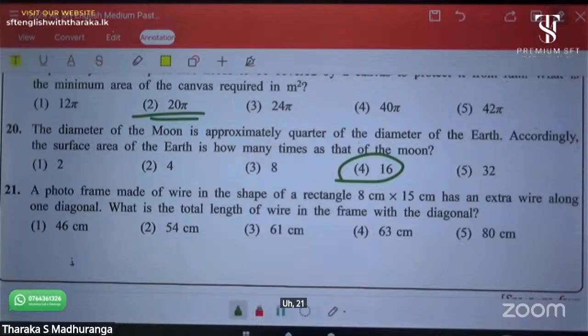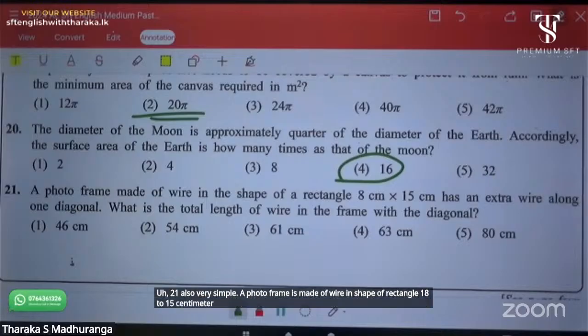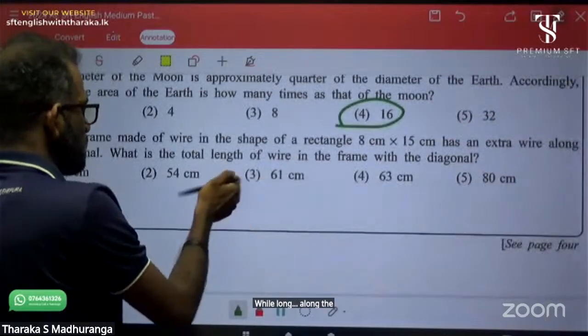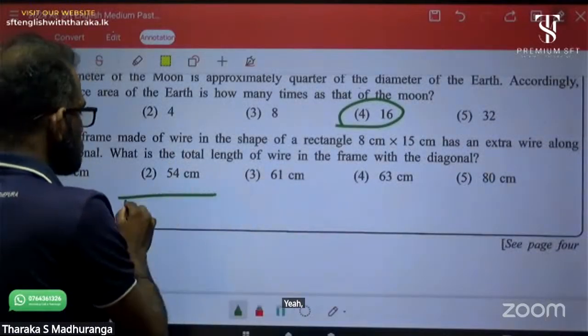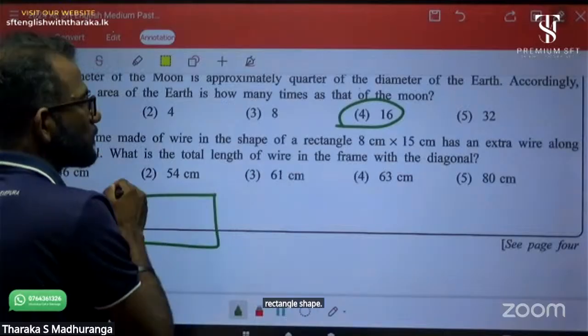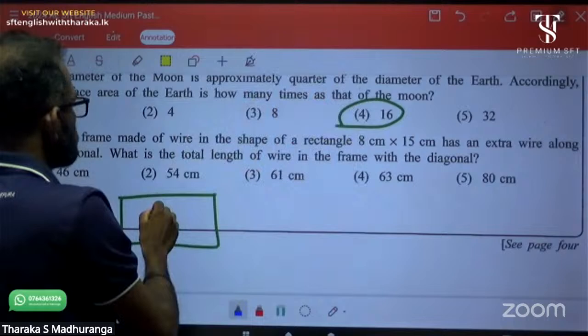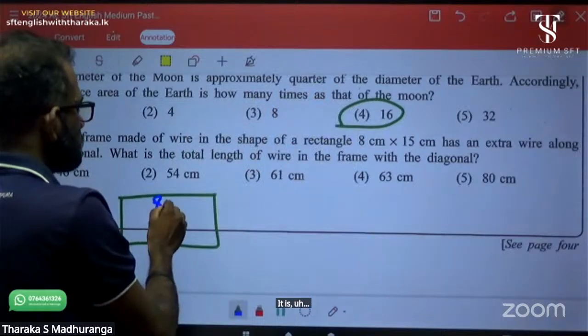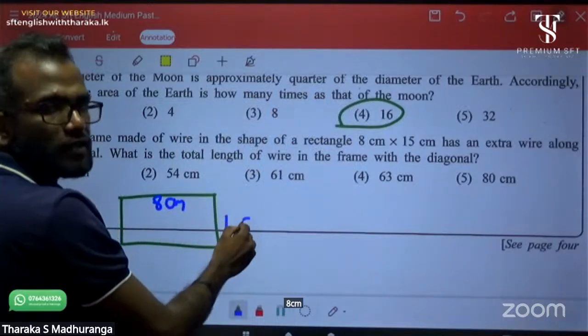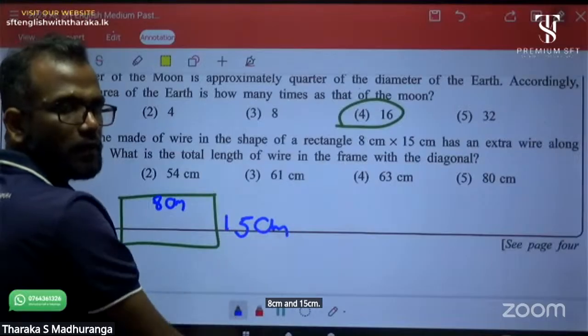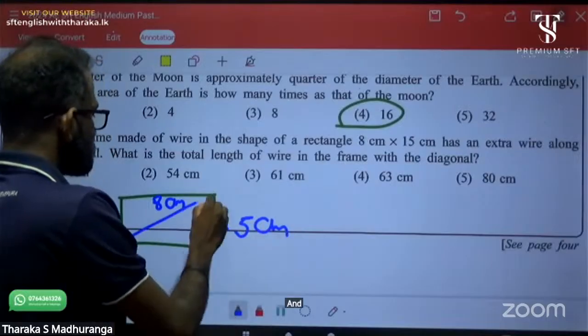Question 21 is also very simple. A photo frame is made of wire in the shape of a rectangle 8 by 15 centimeter, and has an extra wire along the diagonal. This is the rectangle, 8 centimeter and 15 centimeter, and this is the diagonal.